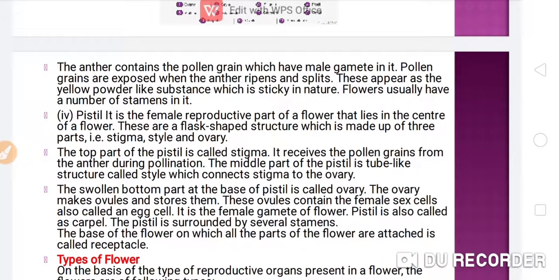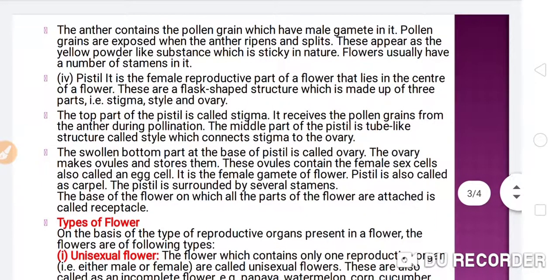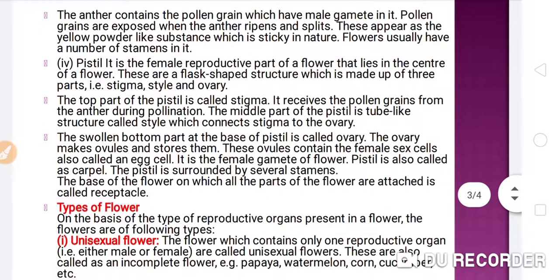The pistil is a flask-shaped structure made up of three parts: stigma, style, and ovary. The top part of the pistil is called the stigma. It receives the pollen grains from the anther during pollination. The middle part of the pistil is the tube-like structure called the style, which connects the stigma to the ovary.